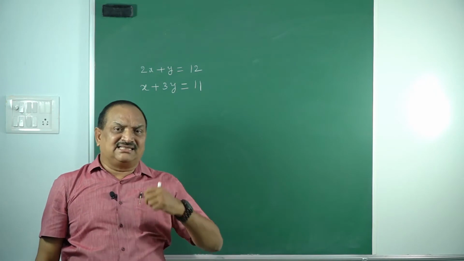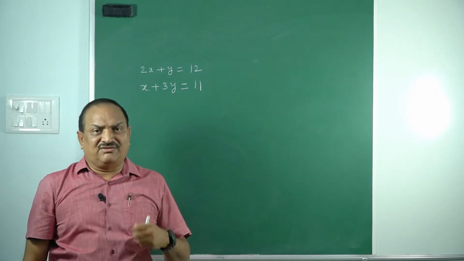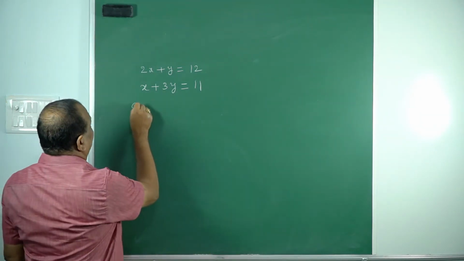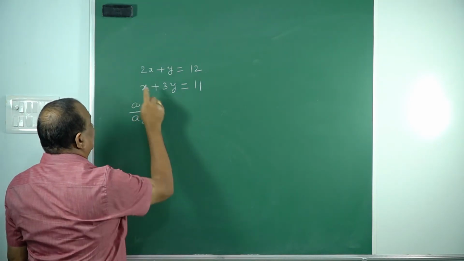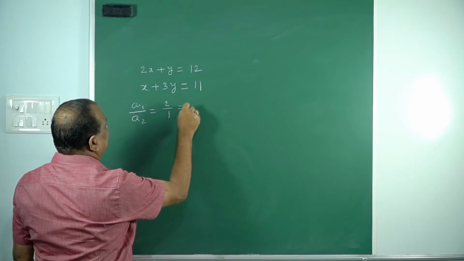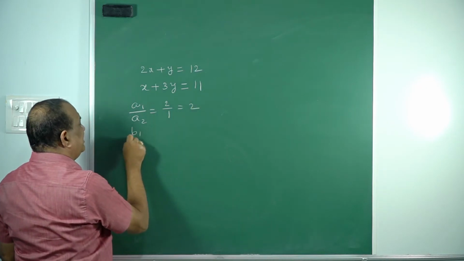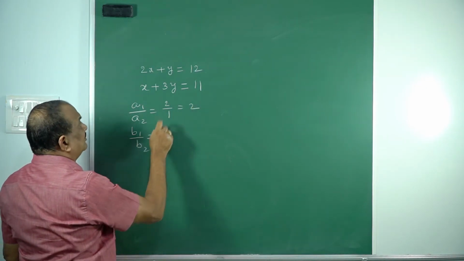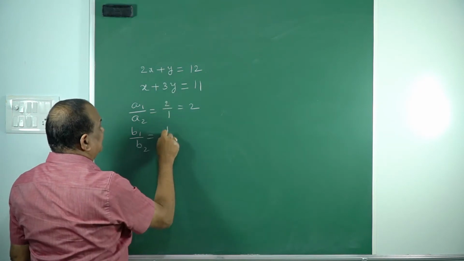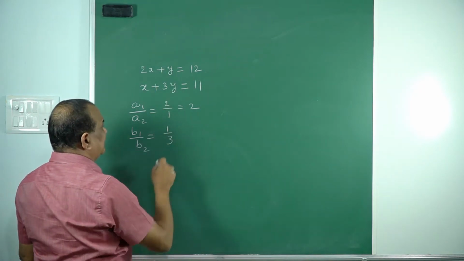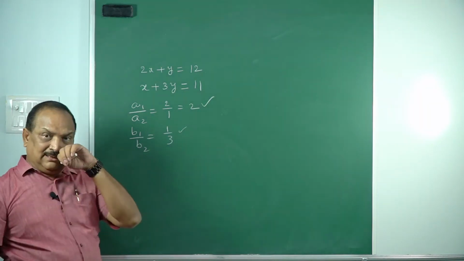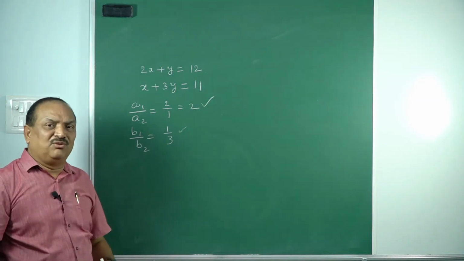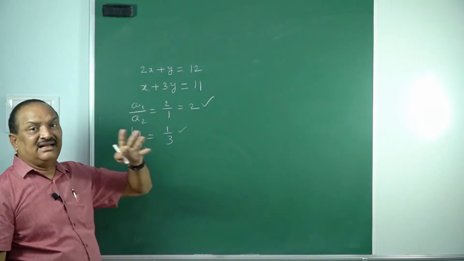Let us decide what kind of system we are going to get. First, A1 on A2 is equal to 2 on 1, hence 2. Now, B1 on B2, 1 on 3. Leave it as 1 on 3. You look at this one and this one. They differed. That is a conclusive proof to say that these lines are intersecting lines.